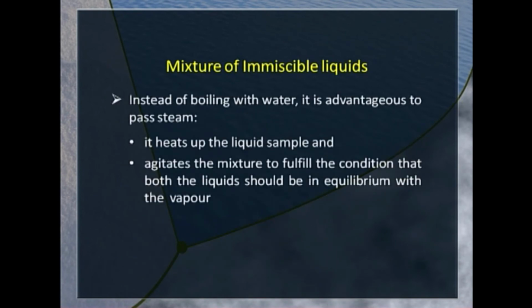So, instead of boiling with water, it is advantageous to use steam, because it heats up the liquid mixture as well as it brings about agitation, which is a requirement for both the liquids to be in equilibrium with their vapors.